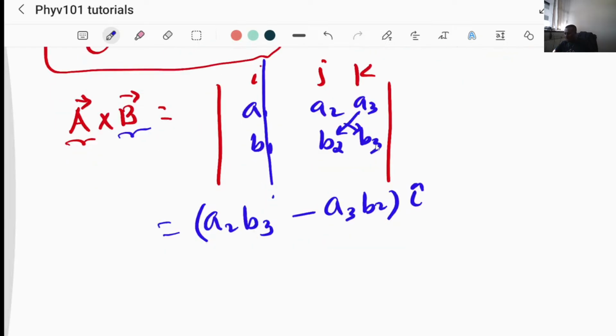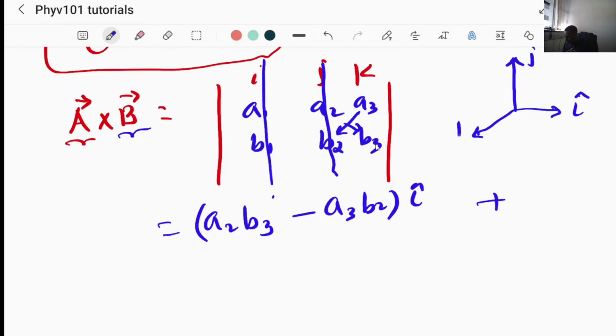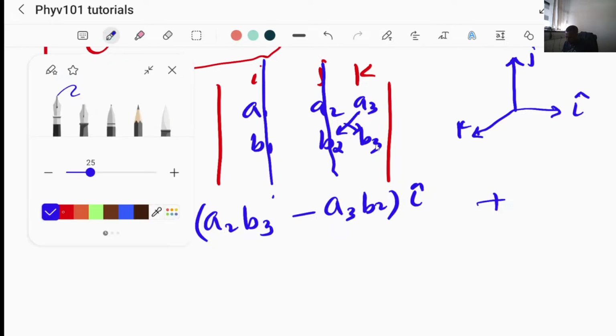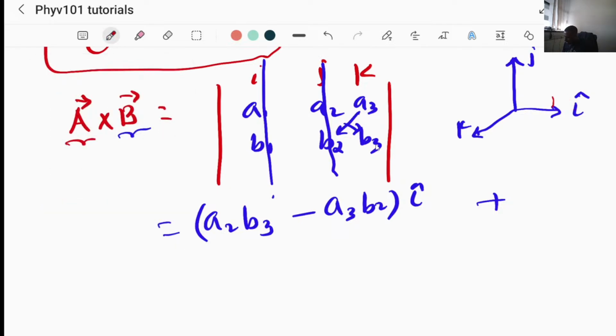Plus the J component: when you find the J component, delete this one. I remember in a book sometimes it goes negative, but I always work properly. What I mean is I go like this: I, J, and K. When I work through a cross product, I know that I cross J gives me K, J cross K gives me I, and K cross I gives me J. This is very good to remember.